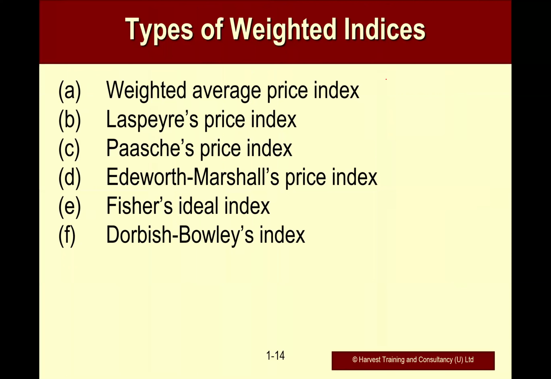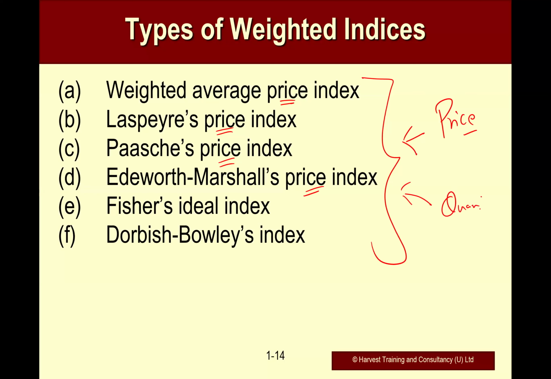So these are price indices. They are all price, price everywhere. But they also have quantity. So it means that I can also have Laspeyres quantity index, Paasche quantity index, and Marshall's quantity index.